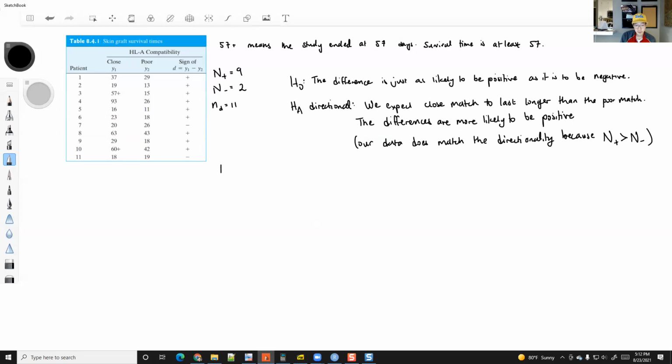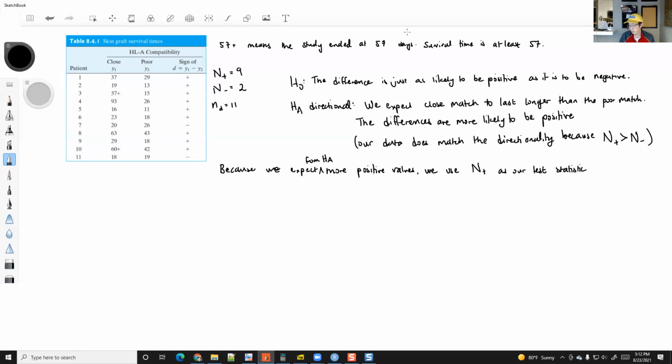And because we expect more positive values from the alternative hypothesis, we're going to use n plus as our test statistic.